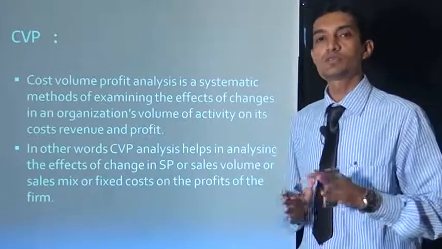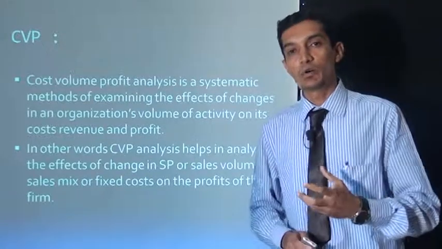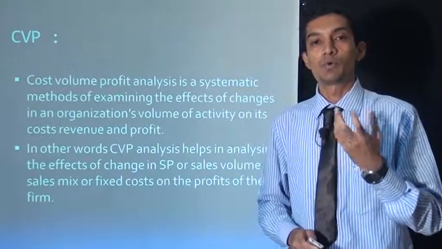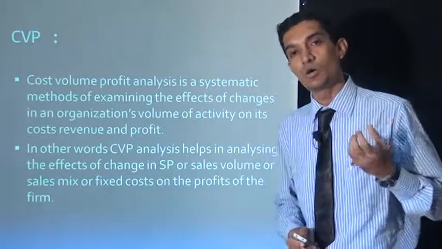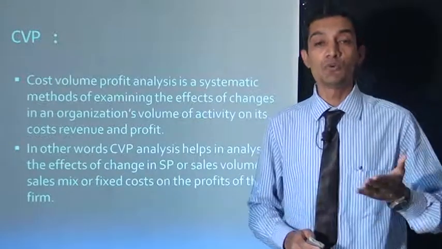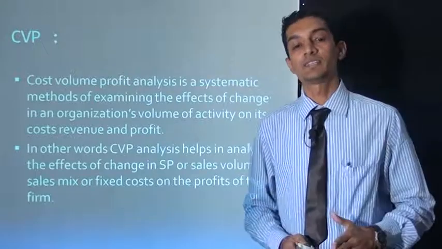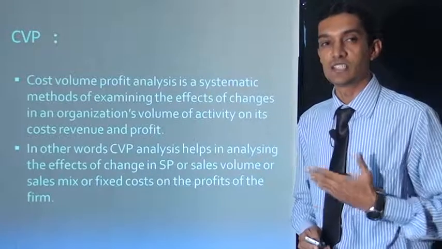So CVP is about whatever order you get, what is your profit in that order. In this model, you see how you change your selling price, your variable cost, and your fixed cost. That is CVP analysis.